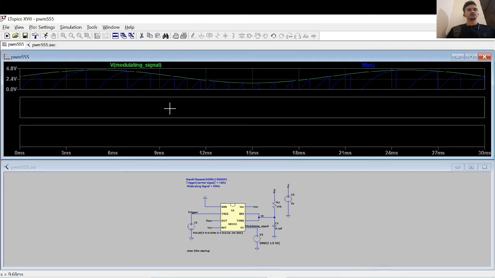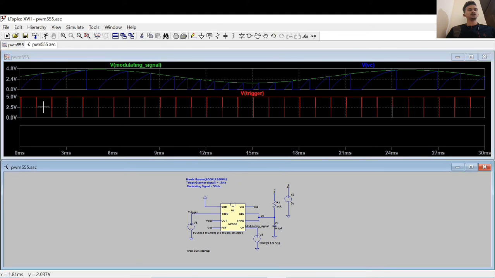Then we'll see our trigger pulses, so here you can see the T on period is very less. It is a negative pulse. So here the T on is very less. We can zoom in and see it. Then now we'll see the output.